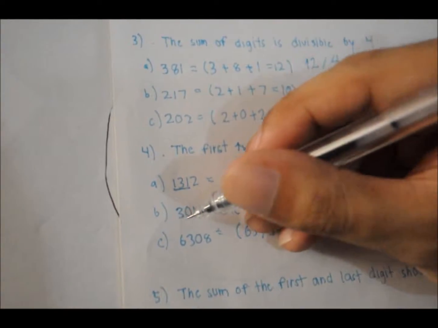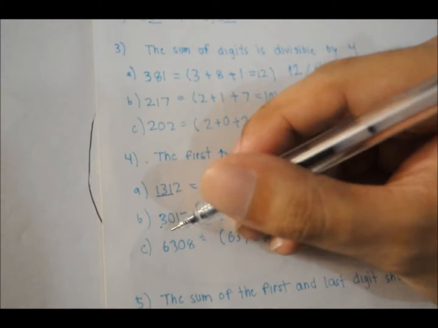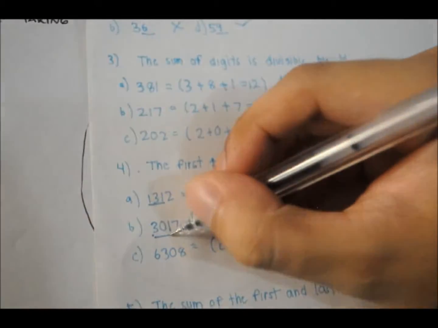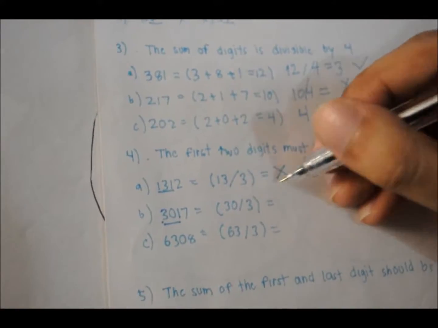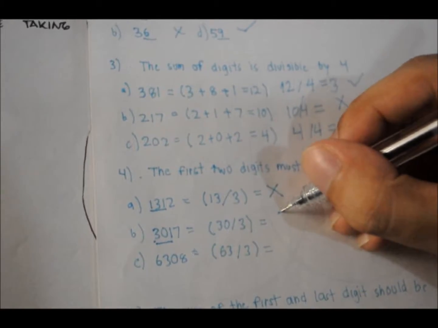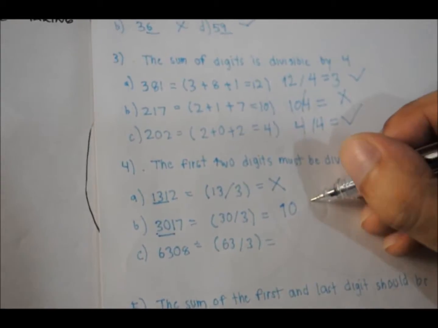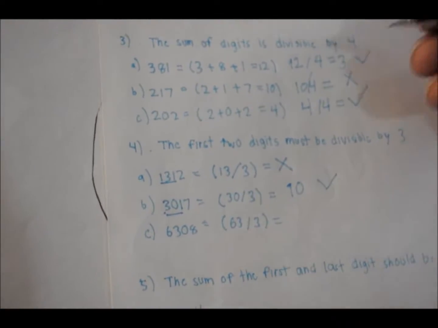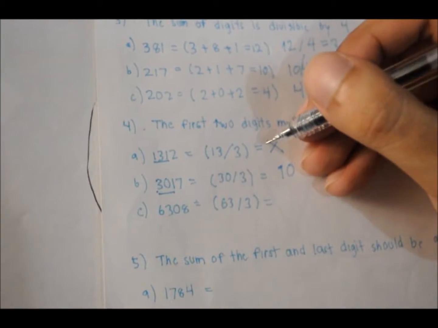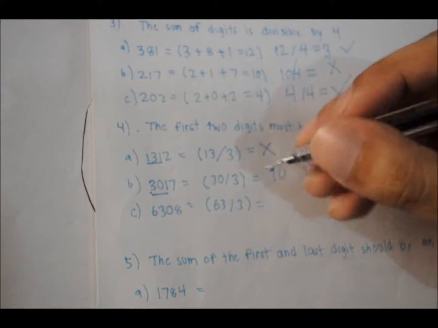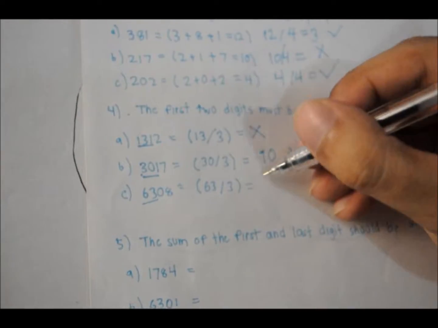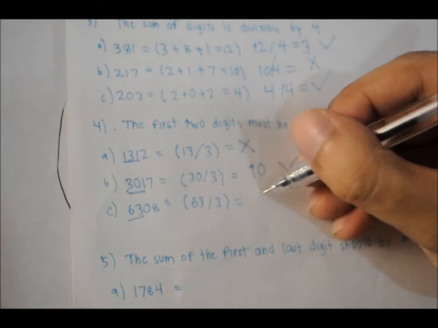Problem number 2, 3017. The first 2 digits is 30. Divided by 3 will get 10. So, yes, it's divisible by 3. Third problem, 6308. So 63, and it can be divided by 3, so yes.